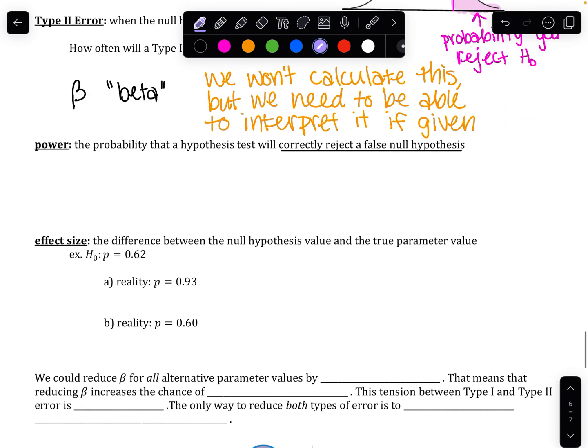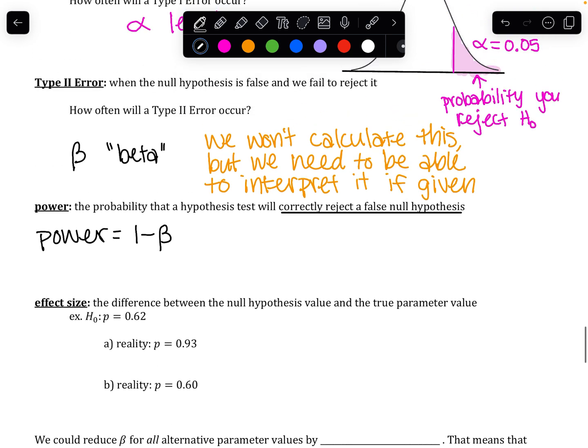Your power can be found by 1 minus beta. Because if you are rejecting, there's a probability that you reject, right? That's the type 2 error, is that you reject. Oh, just kidding. I failed to reject.